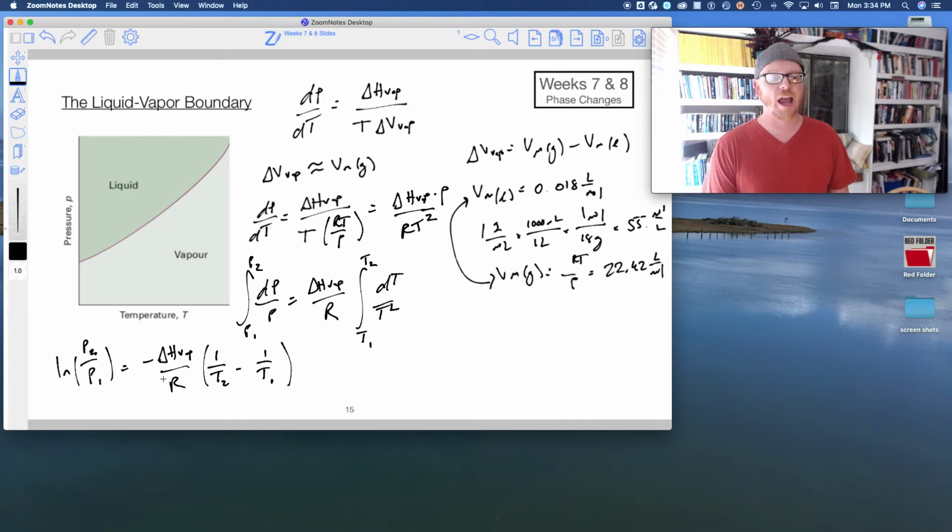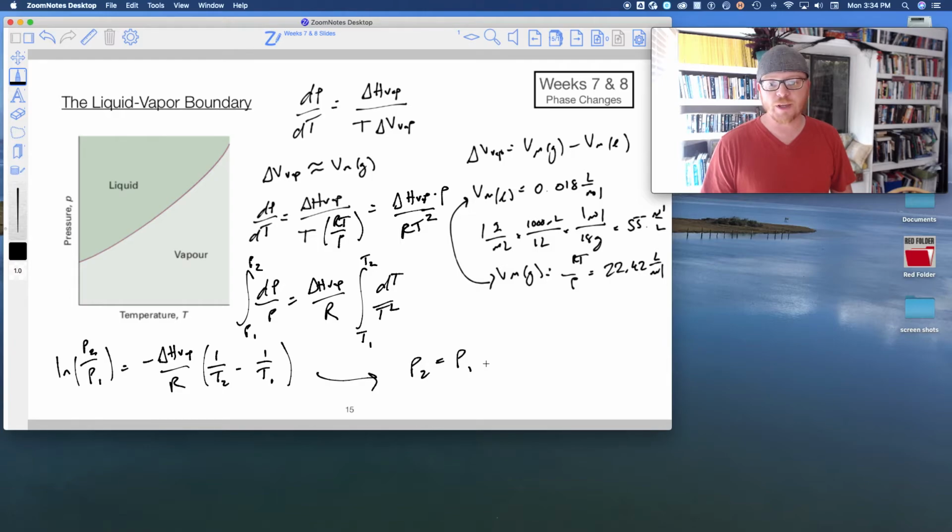Okay? And so now to do a little bit more algebra here, if I take E of both sides and multiply the P1 through, so I'm just doing 2 algebra steps in 1 here. So E of both sides, and that becomes P2 over P1, and then multiply both sides by P1.